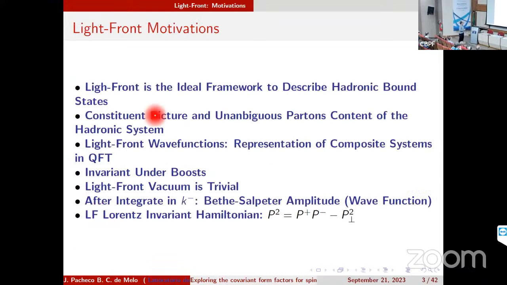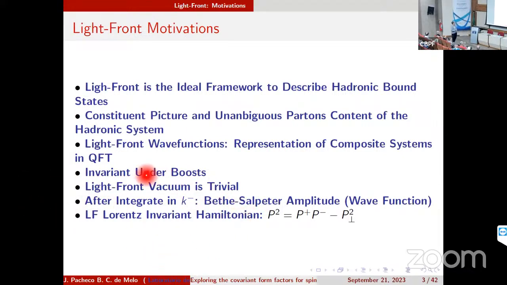Motivation: light front is an ideal framework to describe bound states, because it is the natural language, for example, for deep inelastic Compton scattering and so on. Also to calculate Bethe-Salpeter amplitudes and bound states, and you have an unambiguous particle content of the hadronic system. The wave function in light front is really the representation of composite systems in quantum field theory.